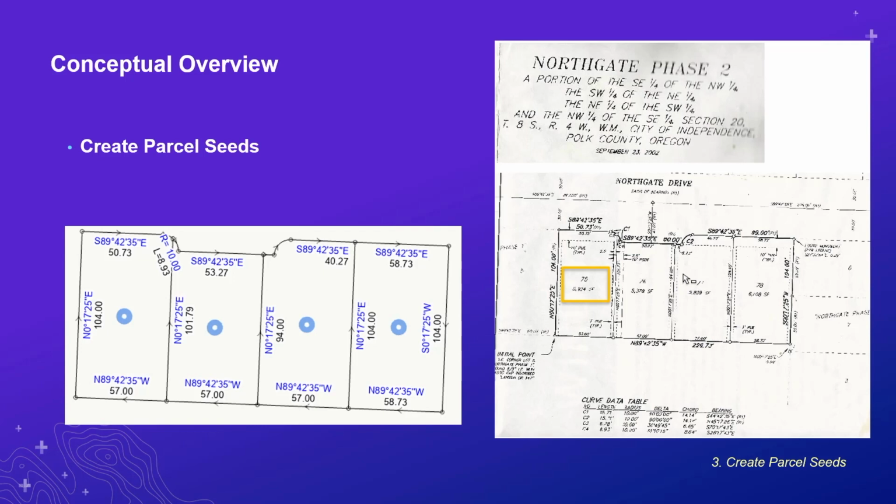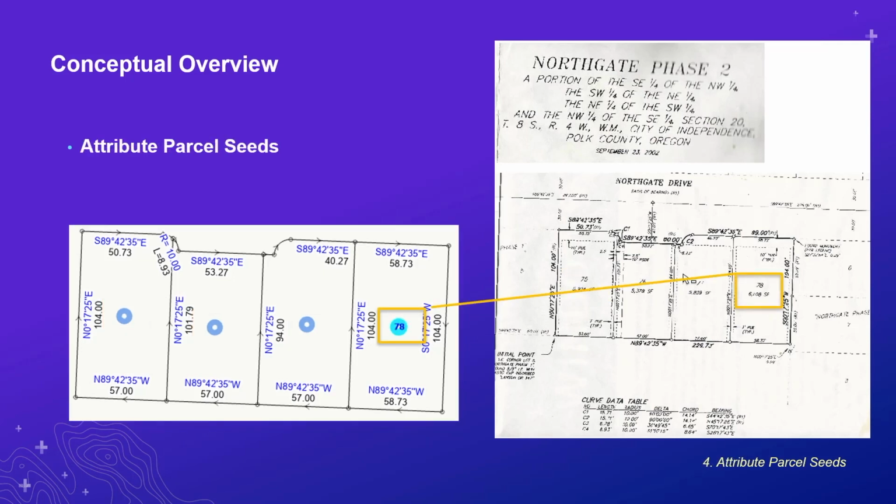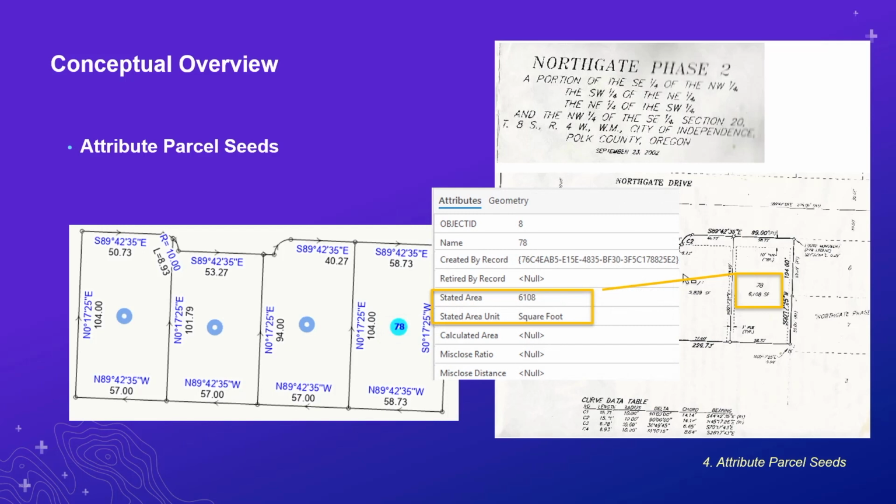Those are also polygons. Those are just circle polygons that are inside at the center of each of these closed loops. And then that allows us to go and select each of these seeds and then attribute them with the name and the area, for example, and other attributes that apply to this particular parcel.